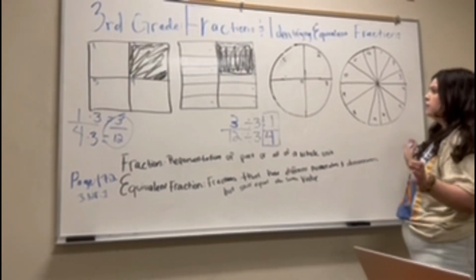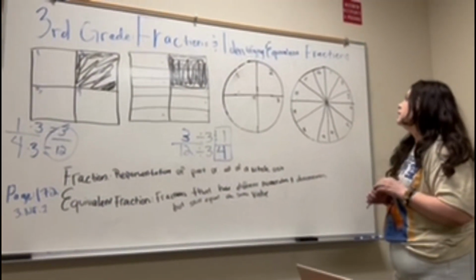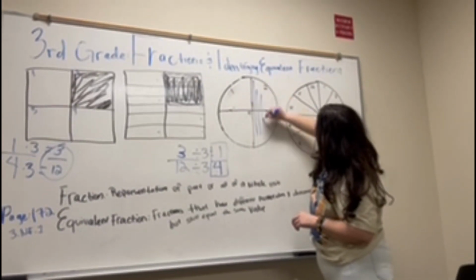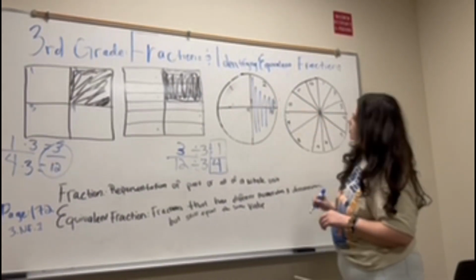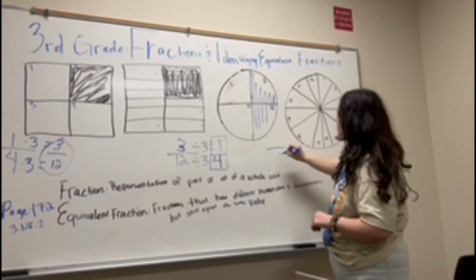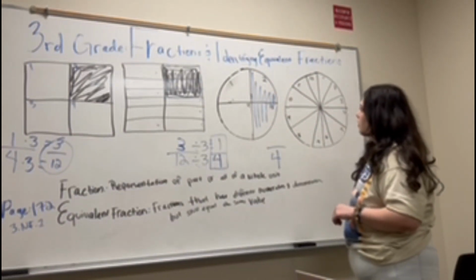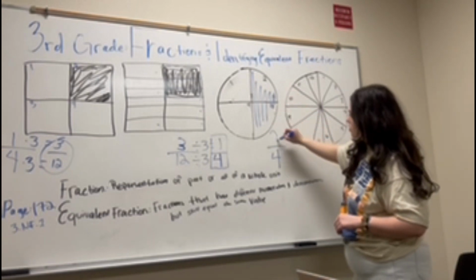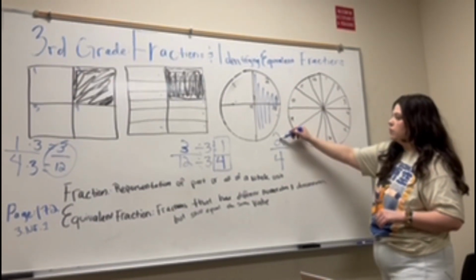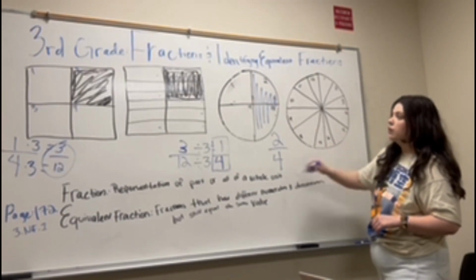You can do the same thing for any shape. So let's say for this circle, we're going to take those 2 units. Okay, so we have 4 pieces all together, and we're taking those 2 units out. So we know our numerator is 2 and our denominator is 4.